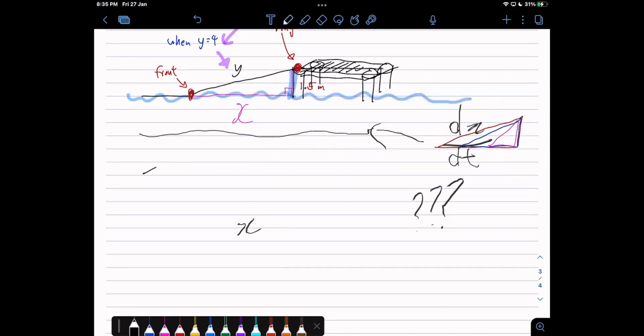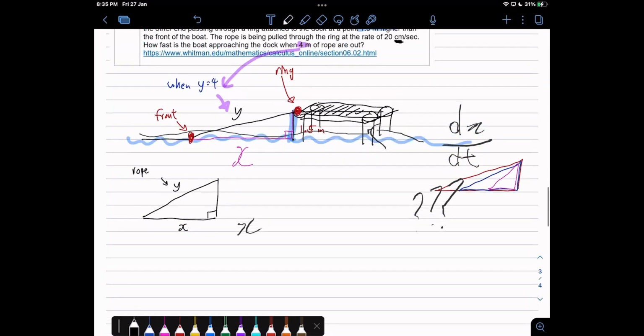Just simplify the diagram. All you need is a right angled triangle. There's a variable y, there's a variable x. This is the length of rope that is out.